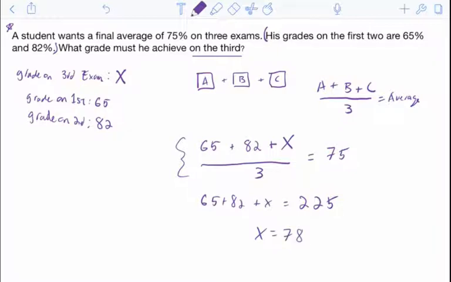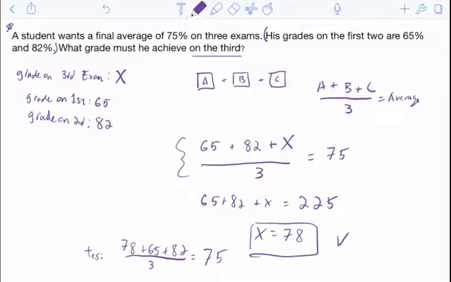Okay, so let's test it. The average of all 3 of these is 78 plus 65 plus 82 divided by 3, which is 75%. Do you see how that works?